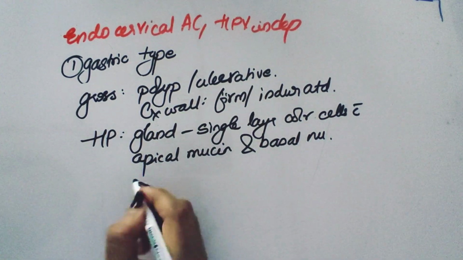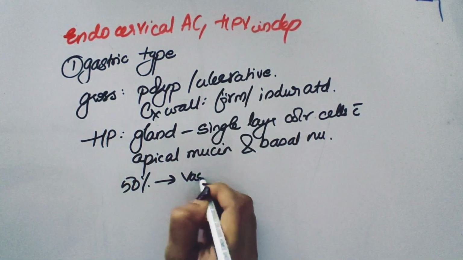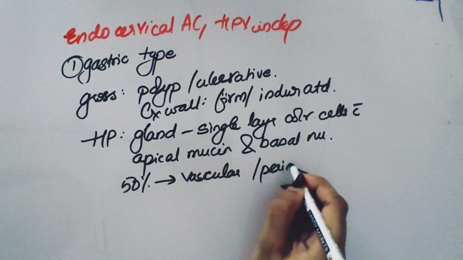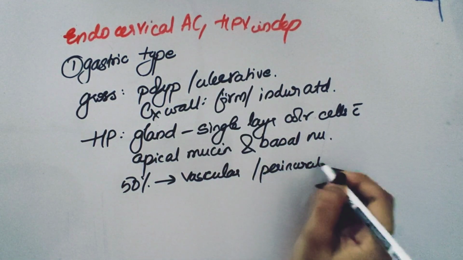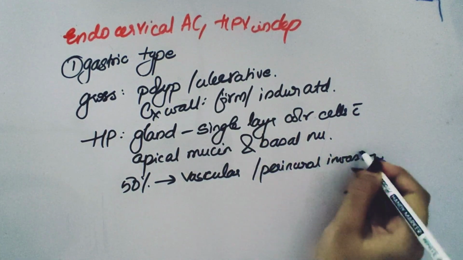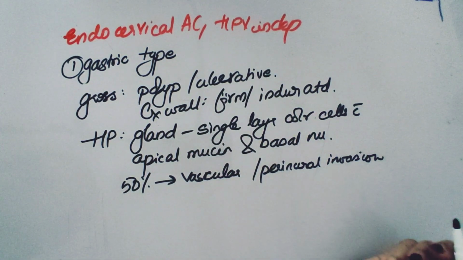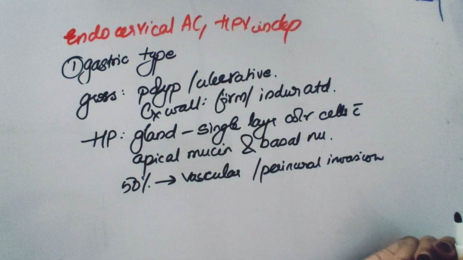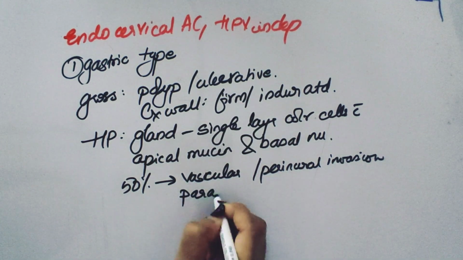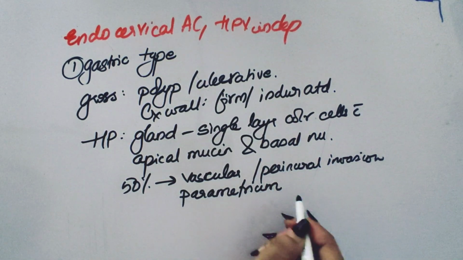And in 50% of cases, it is associated with vascular invasion or perineural invasion. And you can also see glands present near thick blood vessels, which are also considered stromal invasion, and they spread to the parametrium as well. So see how malignant they are.